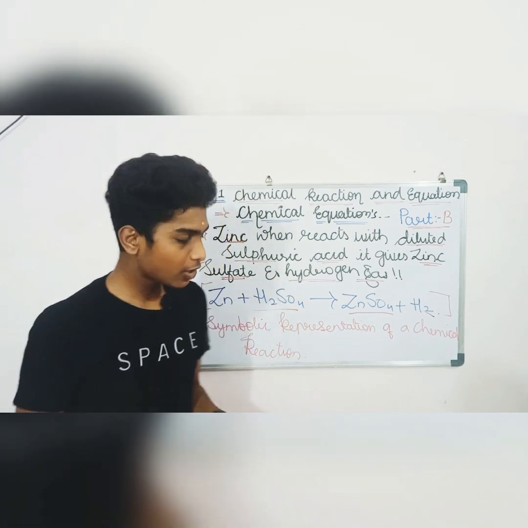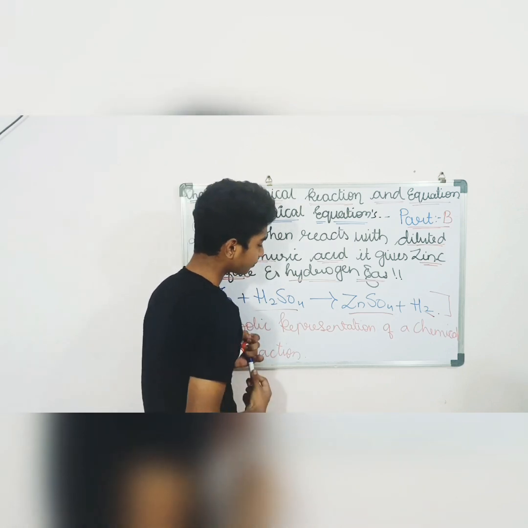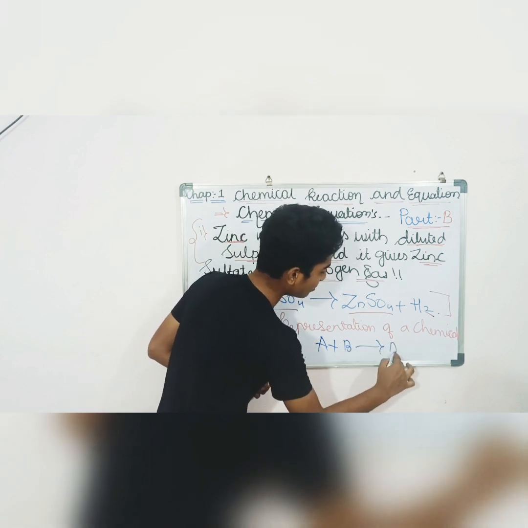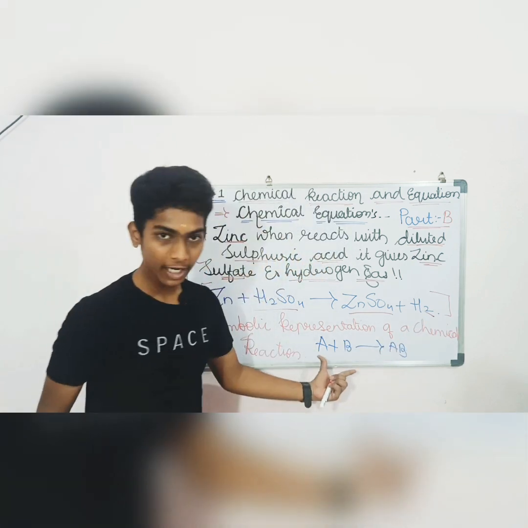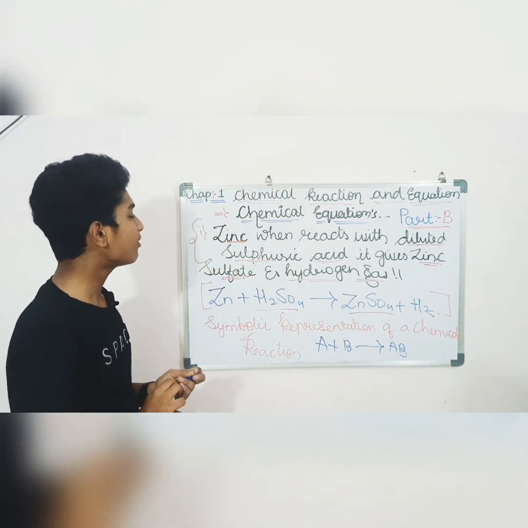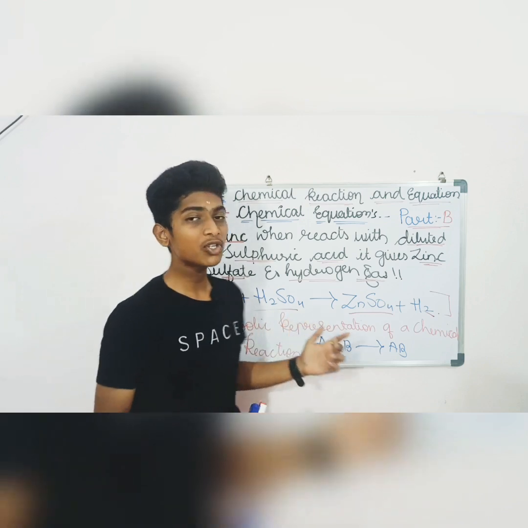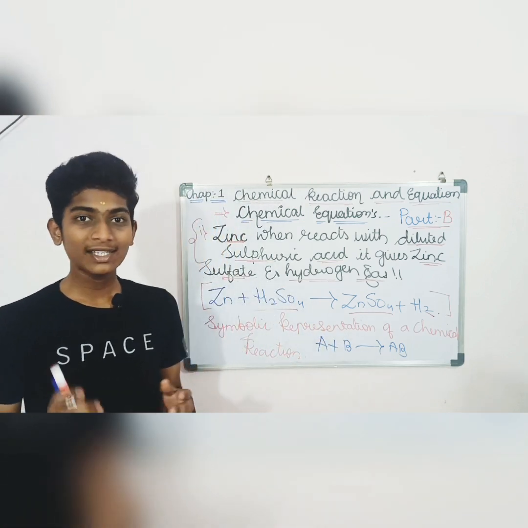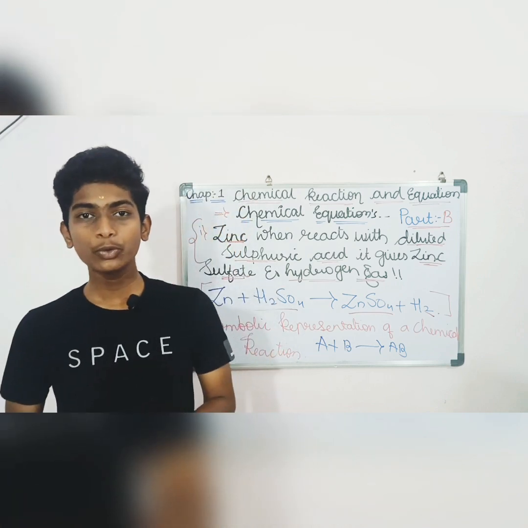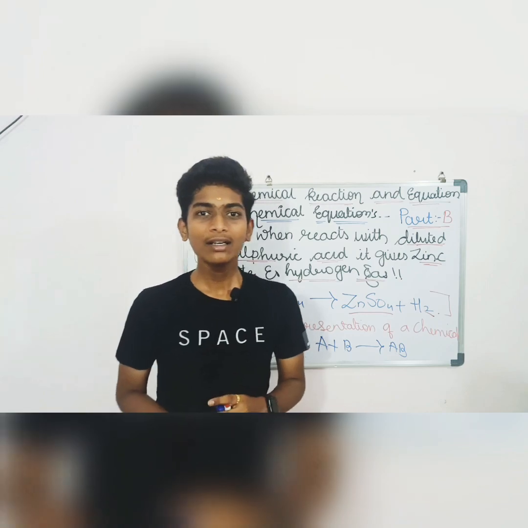We can also remember a chemical equation by a general formula, which is A plus B when reacts, it gives AB. It is a symbolic representation written in the form of symbols or formulas, which is easy to remember, and is known as a chemical equation. So next we'll move to some balanced and unbalanced chemical equations.